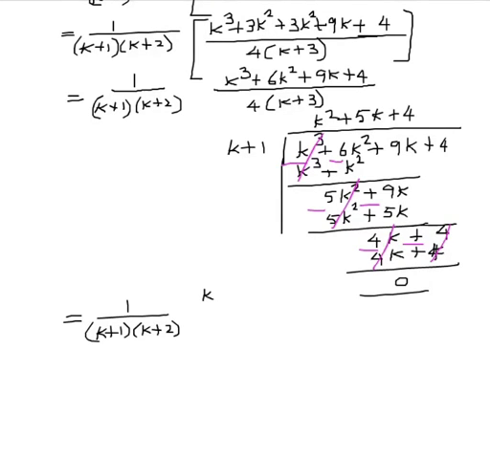Now the numerator can be written as k plus 1 is one factor. The other factor is the quotient, which is k square plus 5k plus 4. If you multiply these two factors, you get back that k cube plus 6k square. This expression we get. Divided by 4 times k plus 3.